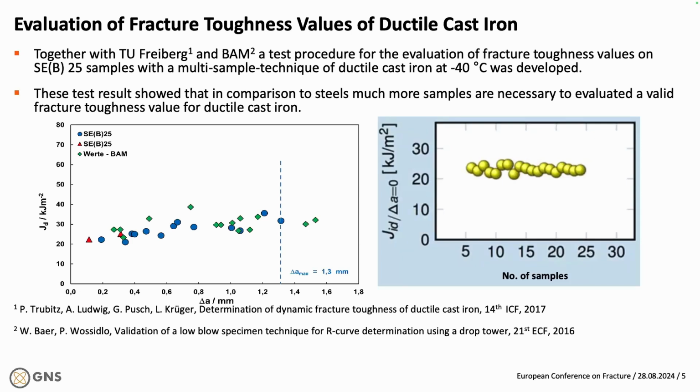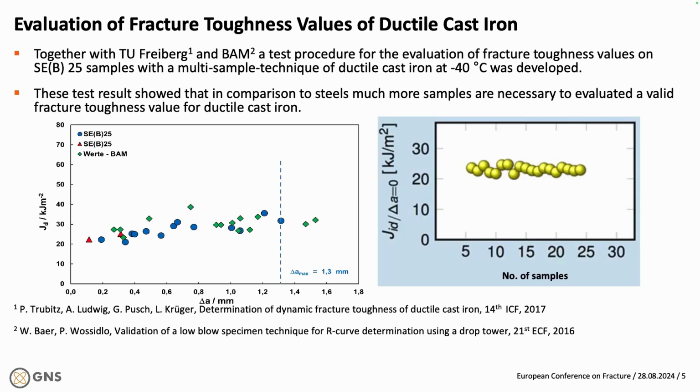And we made some tests: how many samples are necessary to test until one data point has no significant influence on the final result. And the result was we need up to 15 samples. And 15 samples is really much.